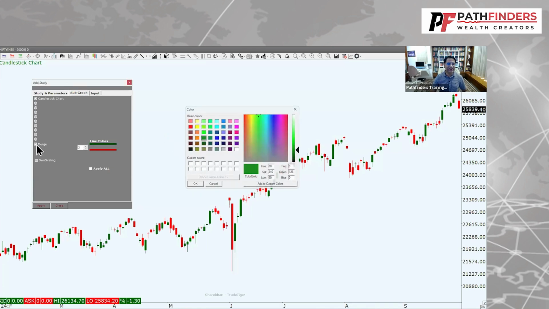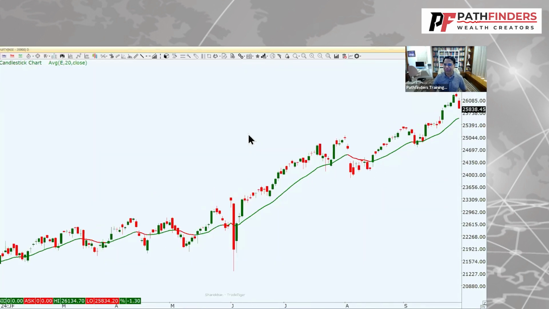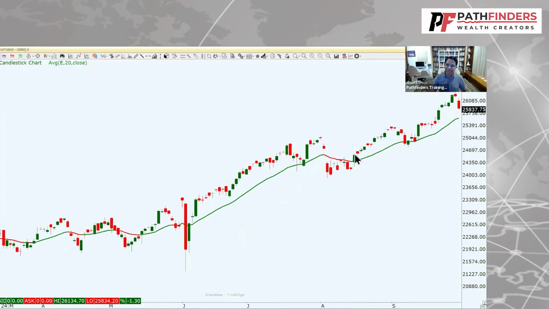So if we check out here and apply it, you can see here the market above this is normally a market that is more on the bullish side. And whenever the market goes below it, it starts giving a bearish tone.